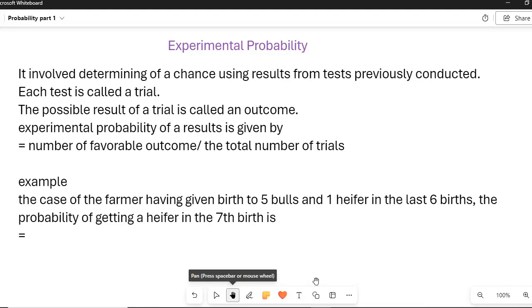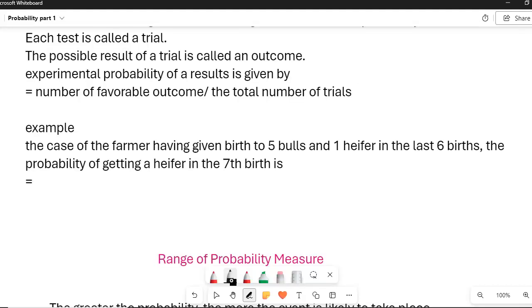Take the case of the farmer whose cow gave birth to 5 bulls and 1 heifer in the last 6 births. You may be asked, what is the probability of getting a heifer in the 7th birth? Number one is to ask ourselves, how do we get the probability?